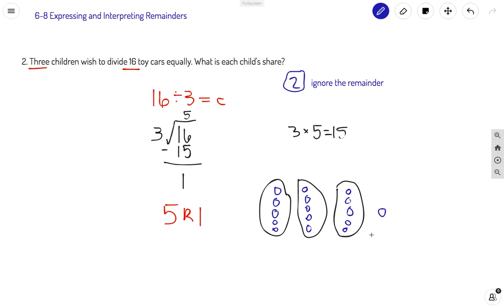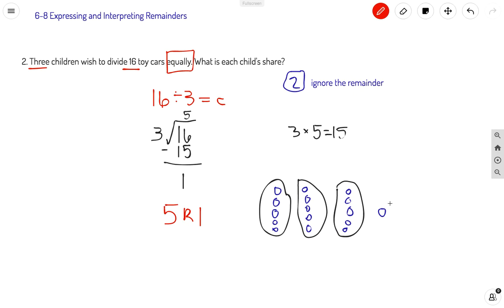So in this case, when we want to split up 16 cars equally, this last car, we can't break it up. If you think about a plastic toy car, there's no way to evenly split that car up or divide it up amongst 3 children so that they each get a portion.